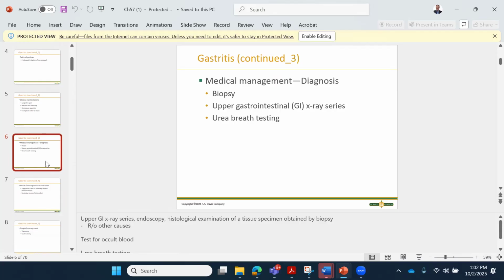So, for example, a biopsy would be the gold standard, whereas an upper GI series would be more suggestive. So, really think about that. What are your gold standards? Even when it comes to other conditions and other types of diagnostics, such as if you've got an arterial line versus a cuff pressure, you know that the A line is the gold standard as long as it is appropriately zeroed. But it is important to think about those gold standards.